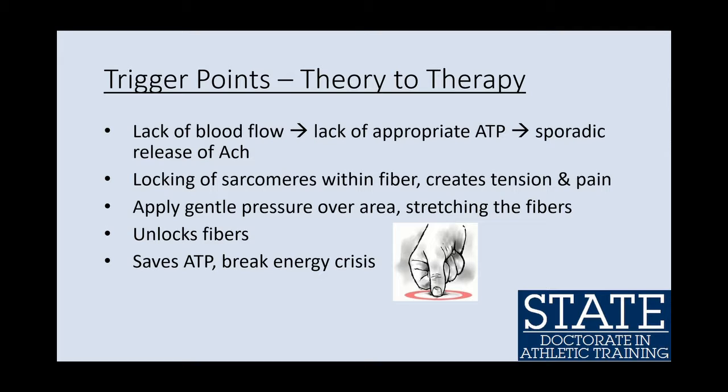We are not getting enough energy for that stressed tissue due to the blood vessels being compressed or restricted in some way. And this will eventually lead to sporadic small bursts of acetylcholine. That will make the area underneath the motor end plate lock up, and that creates tension and pain.